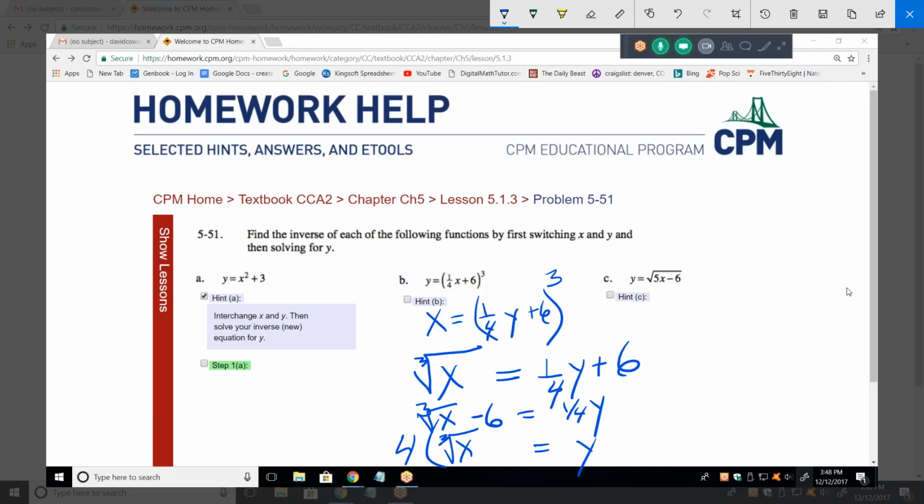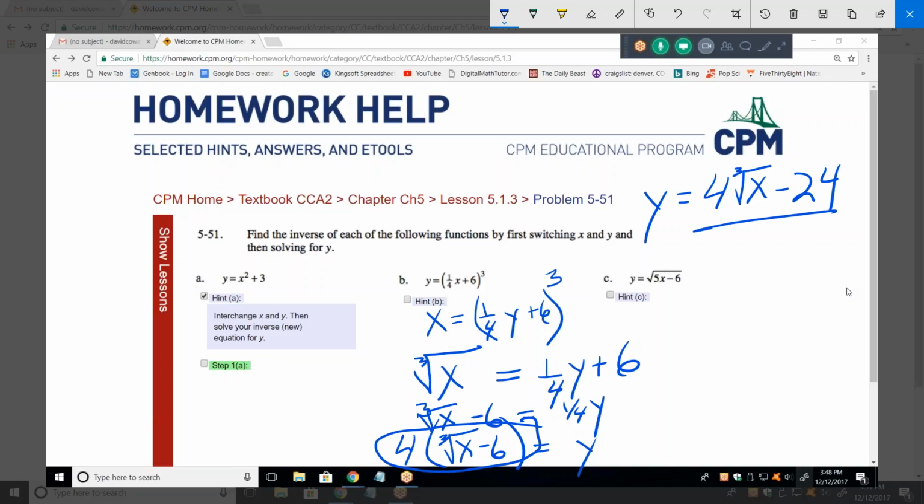Well, I guess you don't really have to, but you want to make sure you put the entire left side in parentheses before you multiply by 4. I could write this answer the following way: y equals 4 cube root of x minus 24. In other words, go ahead and multiply that out, and you get this. That's the inverse.